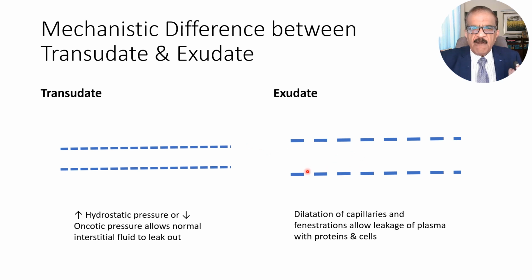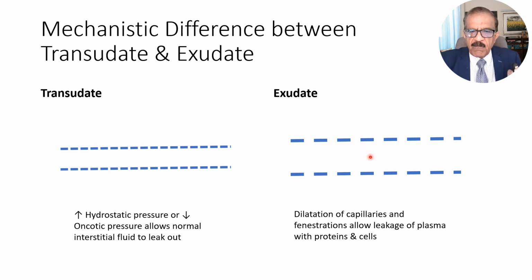Now, if you compare it with another condition where there is inflammation or damage to the capillaries, like we get in tuberculosis or malignancy, the capillaries are dilated as compared to this one, and more importantly the fenestrations, these small foramens in the capillaries, are dilated.